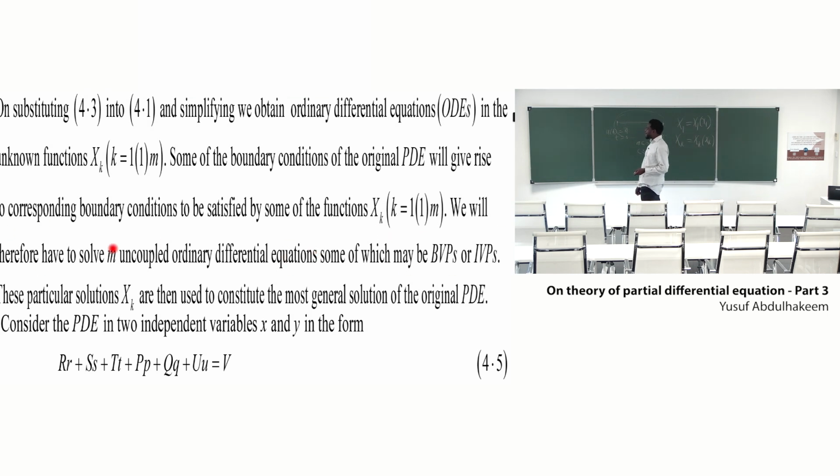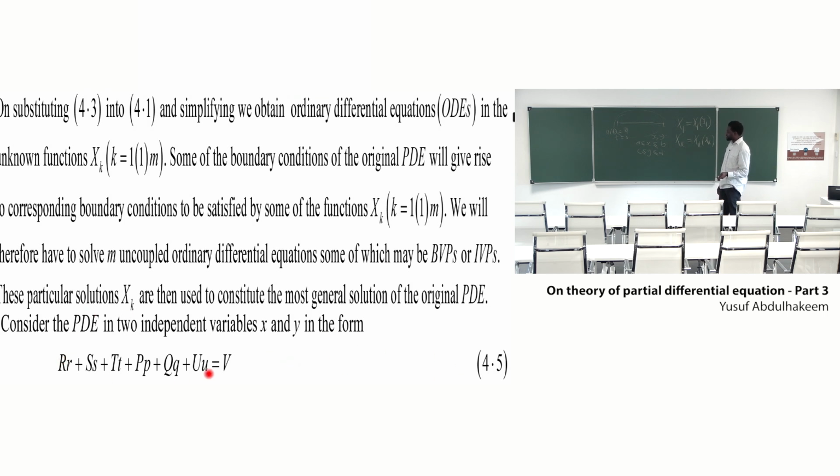Then we will therefore have to solve the m coupled or uncoupled ODEs, because by the time we resolve them, we are going to have uncoupled ordinary differential equations, some of which may be boundary value problems or initial value problems. These particular solutions Xk are then used to constitute the most general solution of the original PDE. So let us consider the PDE in two independent variables, x and y, in this form of 4.5.